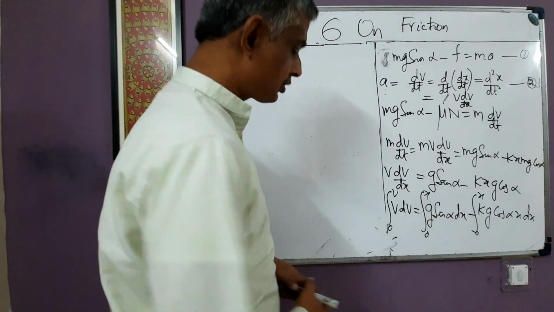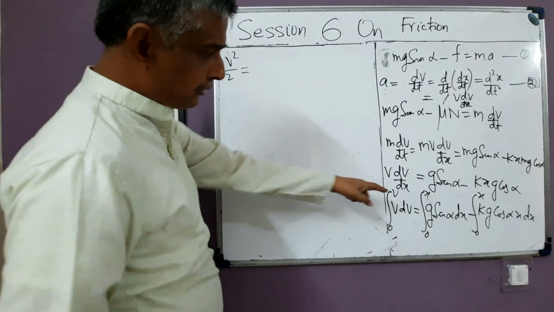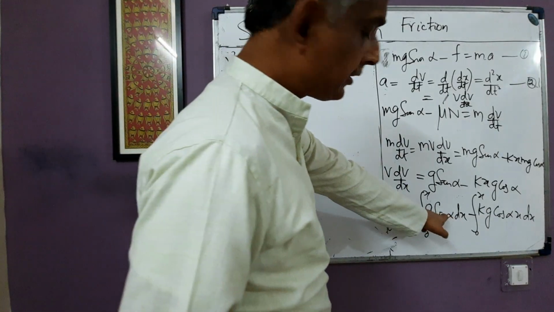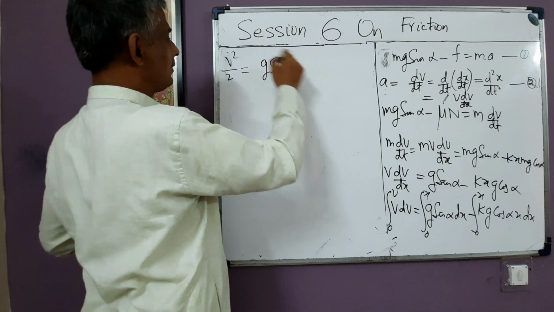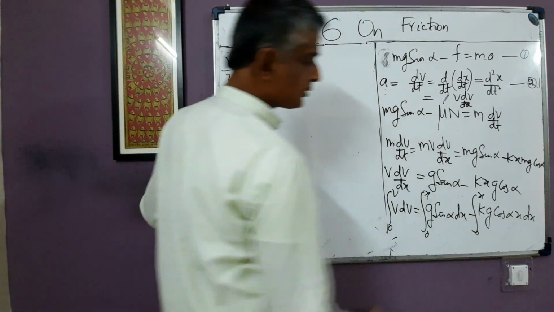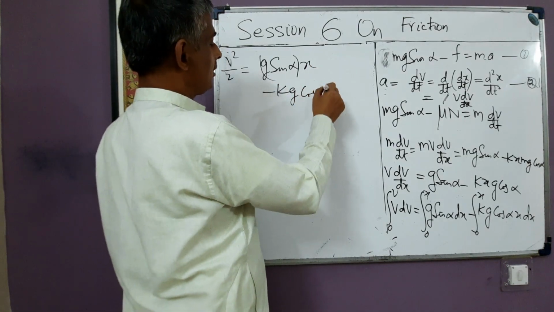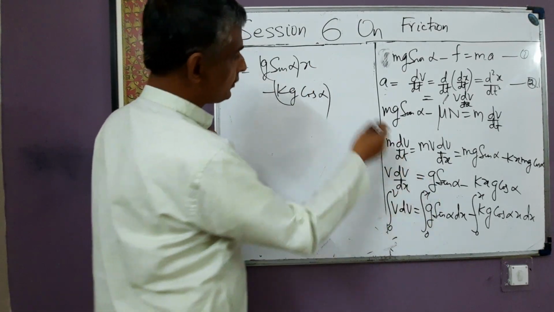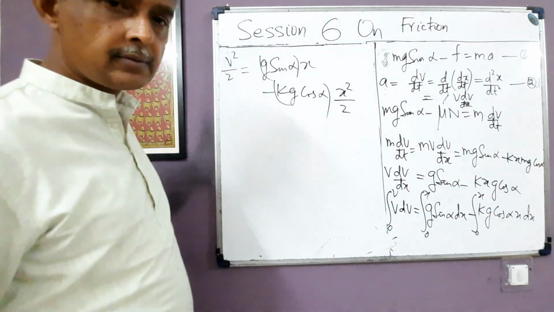Integrating and inserting limits, v square by 2 equals g sin alpha into x, since g sin alpha is constant and comes outside the integral, minus kg cos alpha times the integral of x dx from 0 to x, which becomes x square by 2. This is v as a function of x.